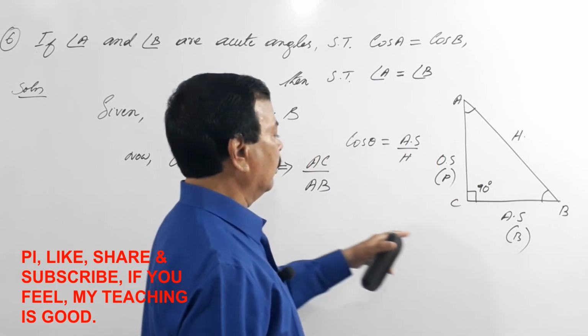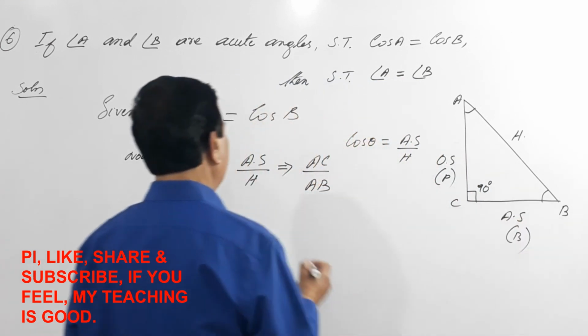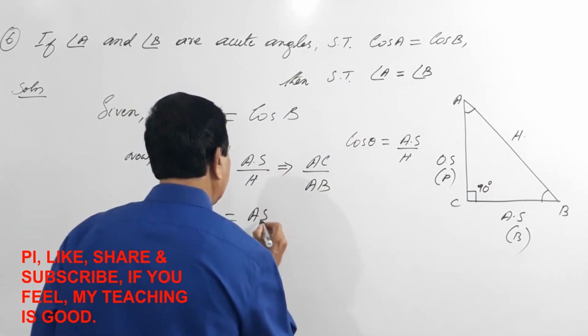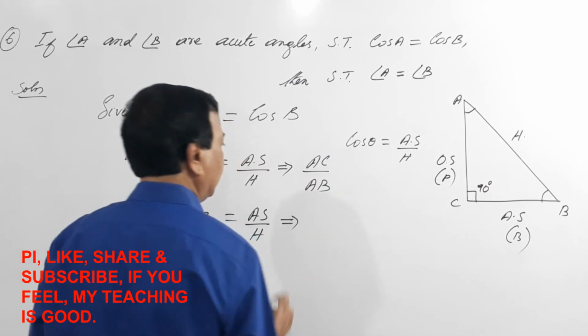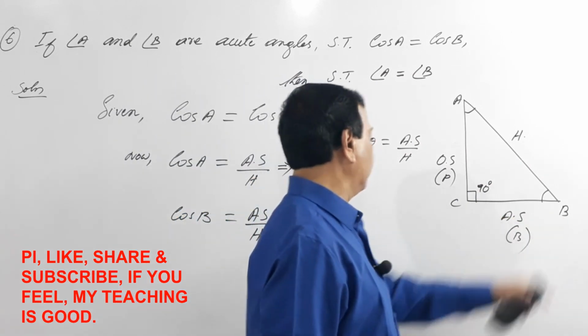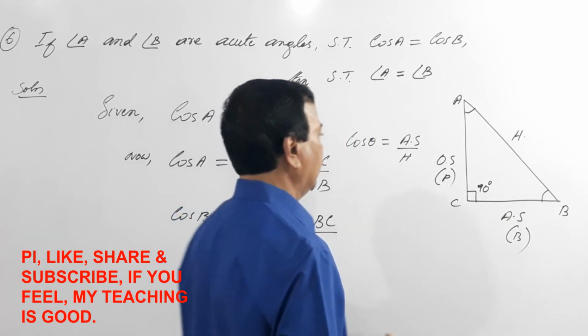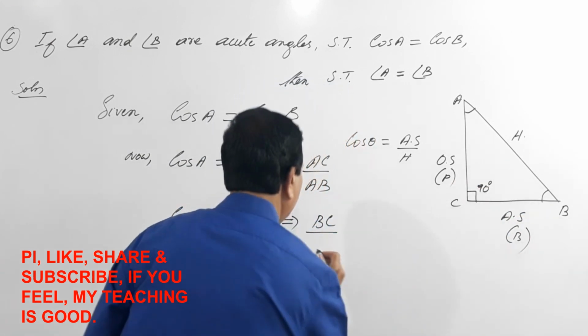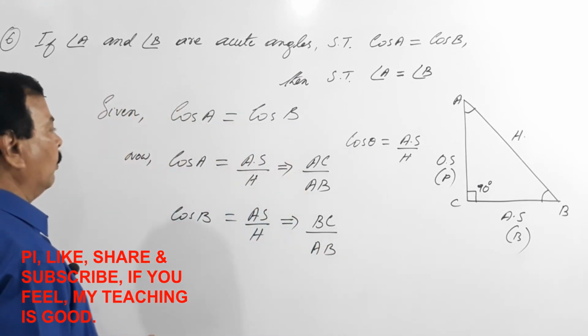So what is cos B? Adjacent side by hypotenuse. What is the adjacent side? BC. BC by hypotenuse AB. Right?